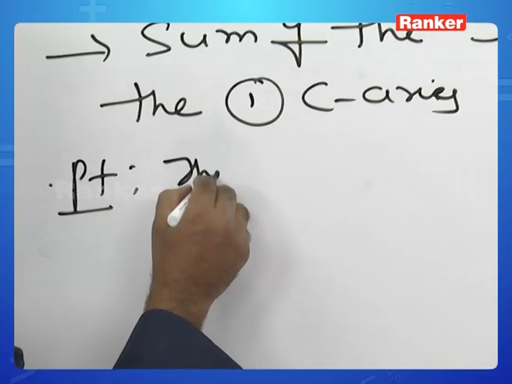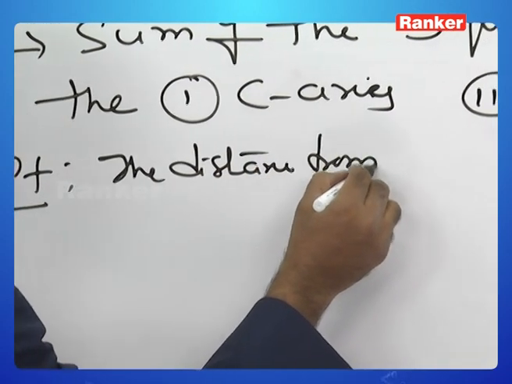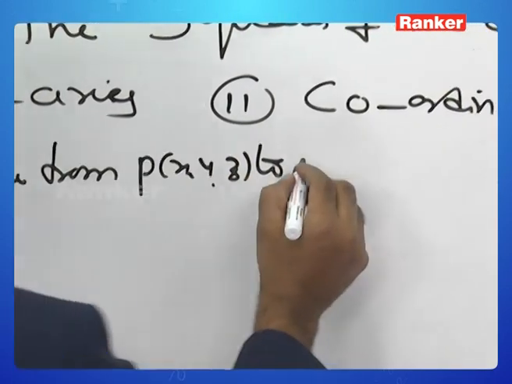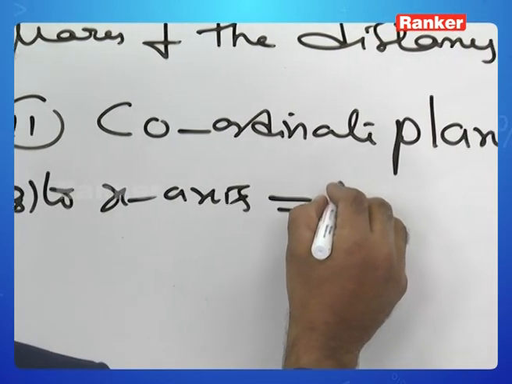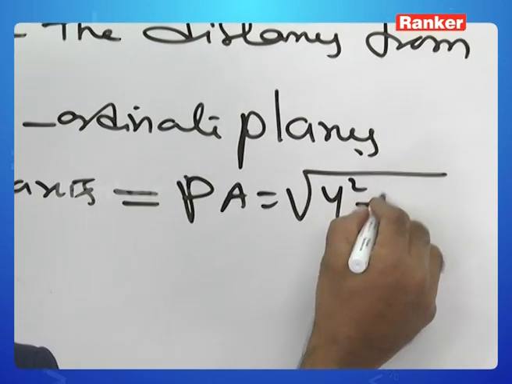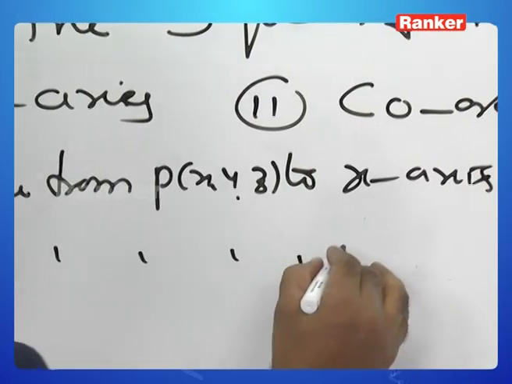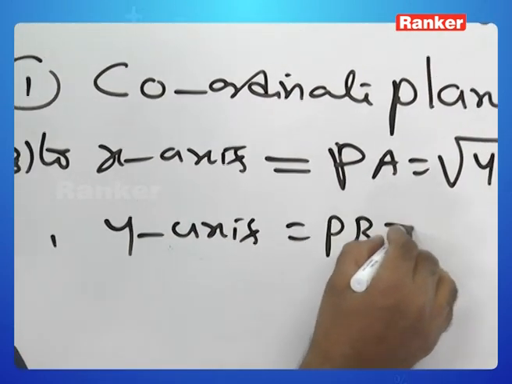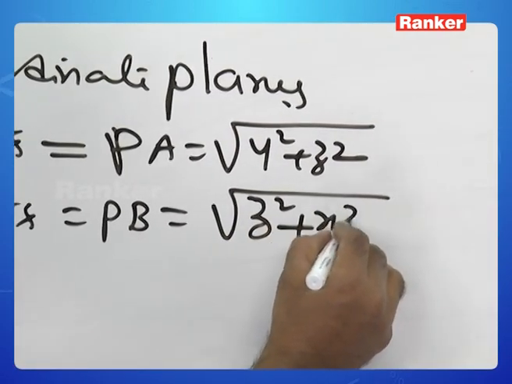You know already, for this the proof is: the distance from P(x, y, z) to the x-axis is PA, equal to square root of y square plus z square. The distance from P to the y-axis is PB, which is nothing but z square plus x square.